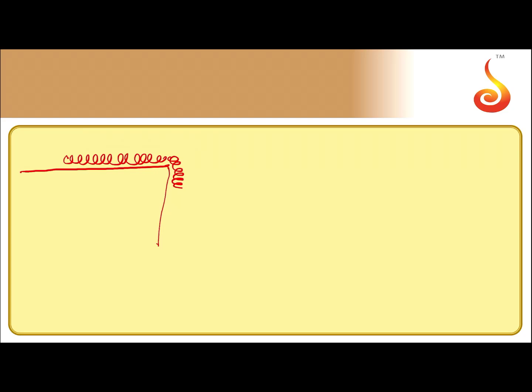The chain starts sliding off the table provided the overhanging part is L by 3, if L is taken as this length. What will be the total work performed by the frictional forces acting on the chain by the moment it slides completely off the table?